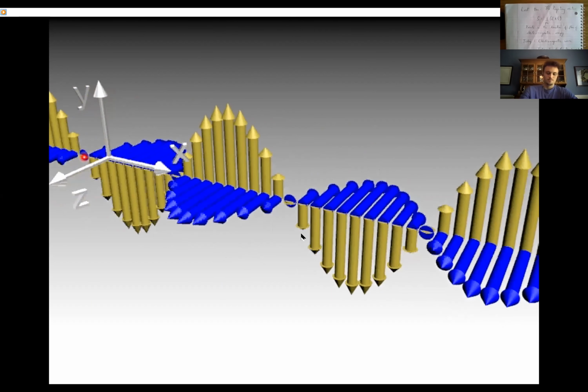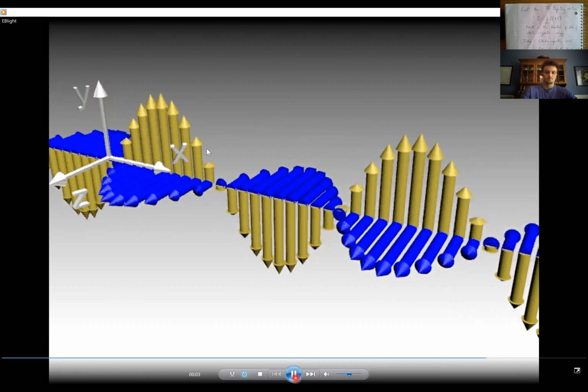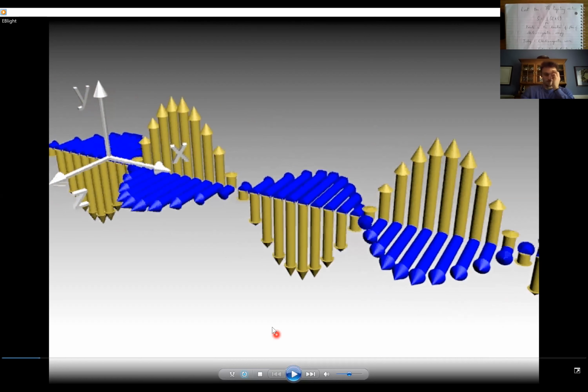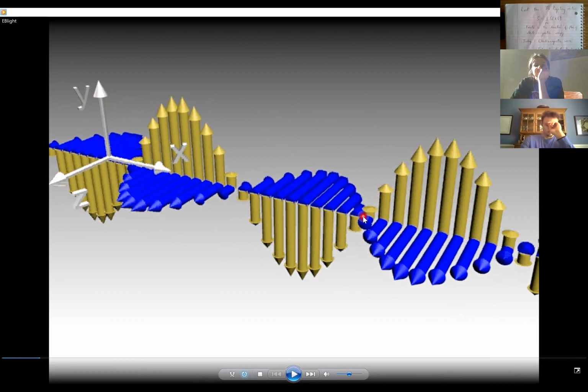If I pause this video, we can see that even at the same moment in time, different points are seeing different electric field strengths. This point here is seeing no electric field. Sorry, I forgot, the gold ones are the electric field. Anyhow, there's no electric field here, but at this other point, it's actually seeing a very strong electric field.